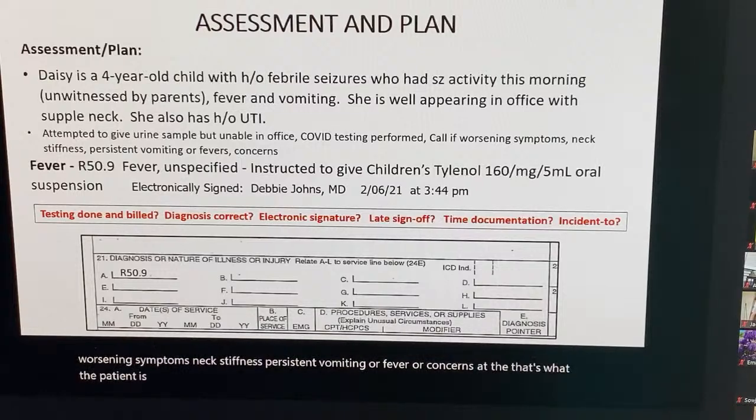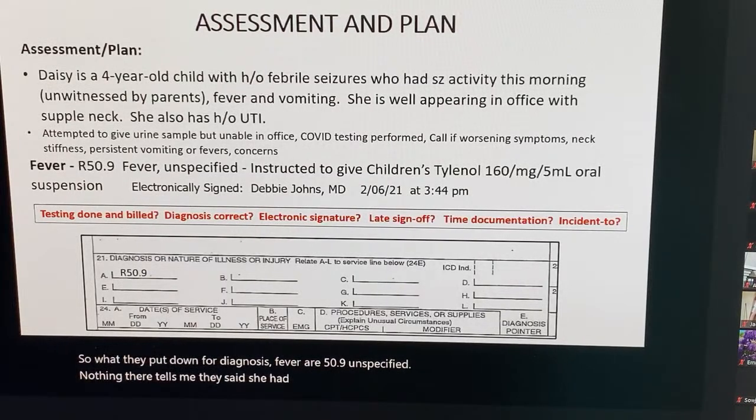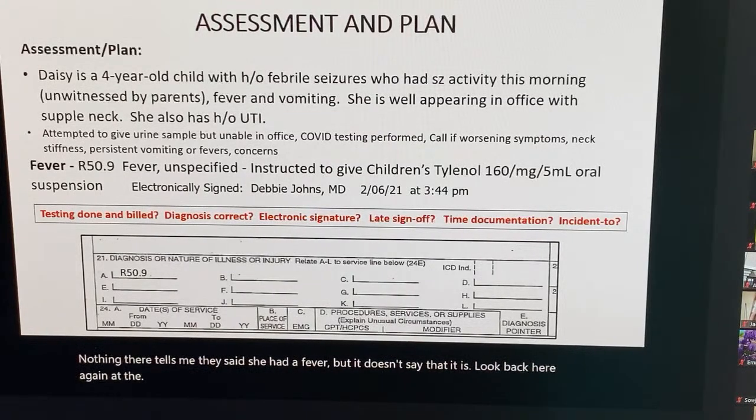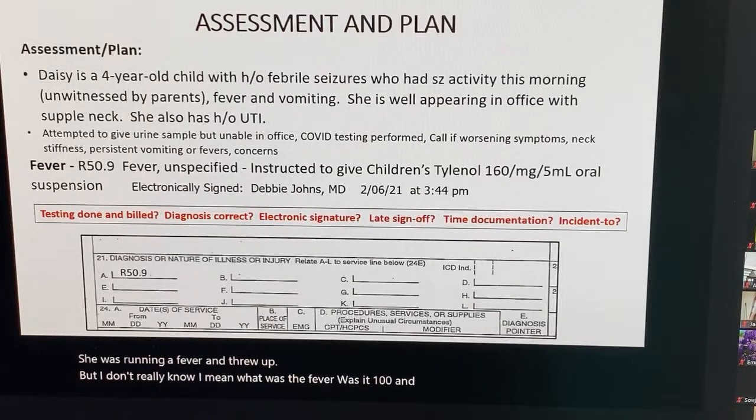So what did they put down for a diagnosis? Fever, R50.9, unspecified. Nothing there tells me. They said she had a fever, but it doesn't say what it is. Look back here again. She was running a fever and threw up, but I don't really know. I mean, what was the fever? Was it 102? What is her temp?